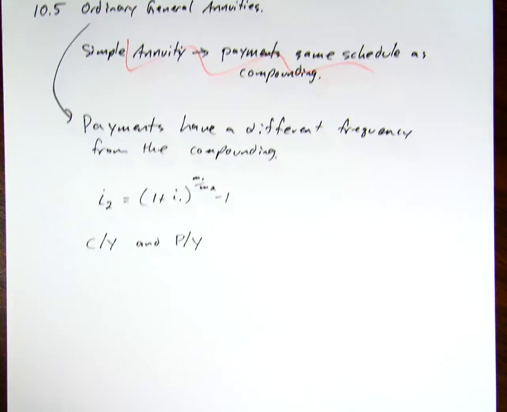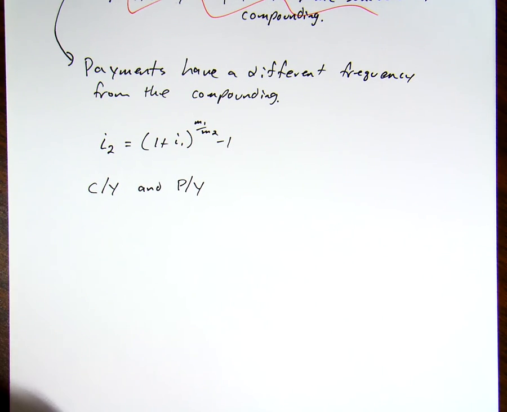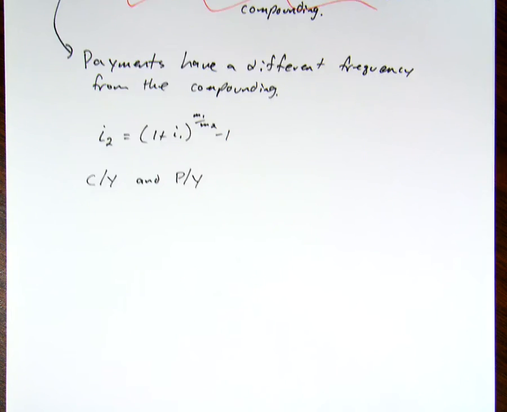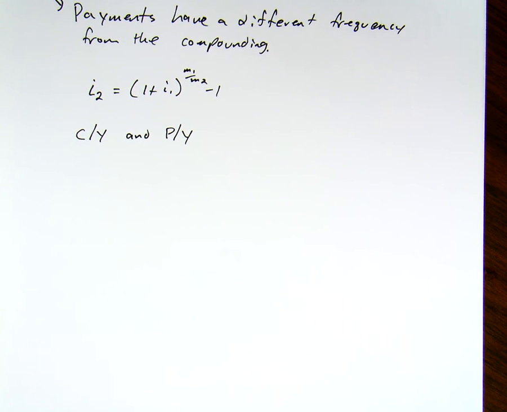This is where we have differences between the frequency of calculating interest and the frequency of making payments. So here's the secret.